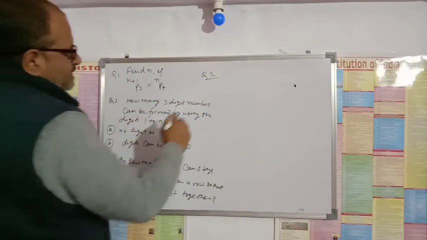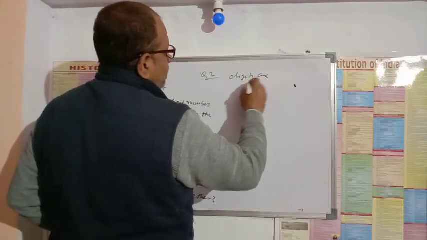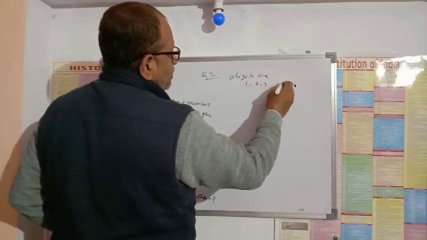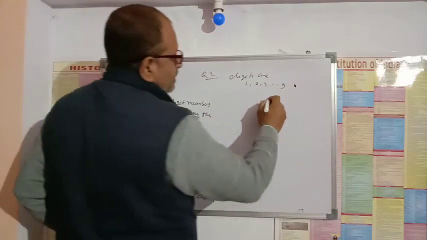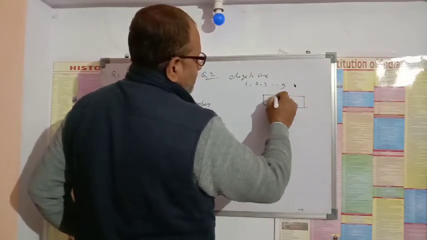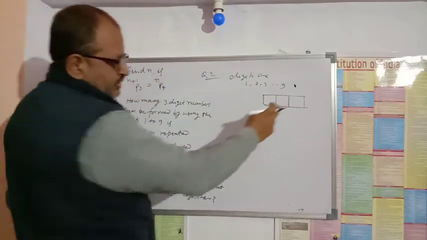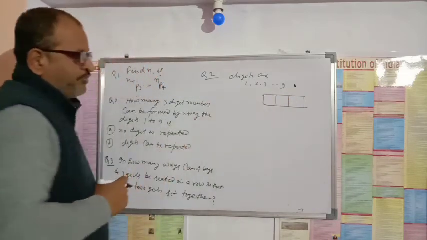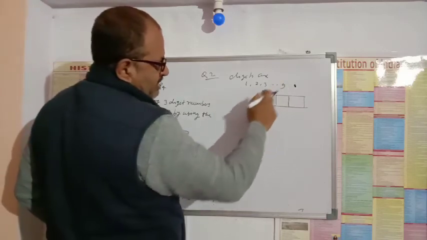Digits are from 1, 2, 3 to 9. We have to make a 3-digit number. A 3-digit number means we have to fill 3 places: unit place, tens place, and hundreds place. So the total number of digits is 9.